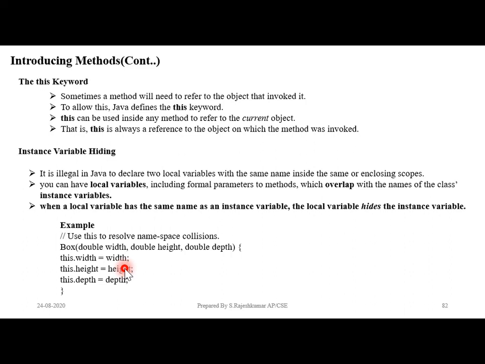So what's the difference between the member function and the constructor? The constructor name is the same as the class name, and it is automatically called when the object is created. Are you clear about it? These are the important points, along with the this keyword, which is used to differentiate the instance variable from the local variable.